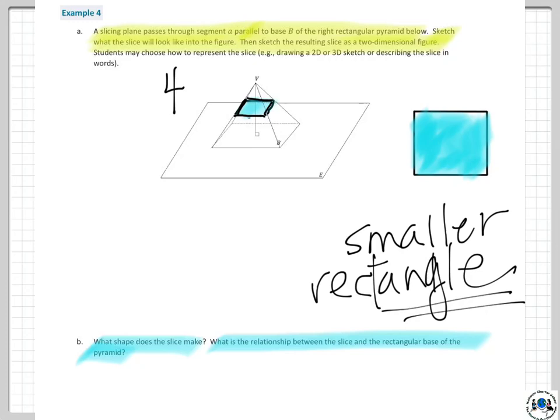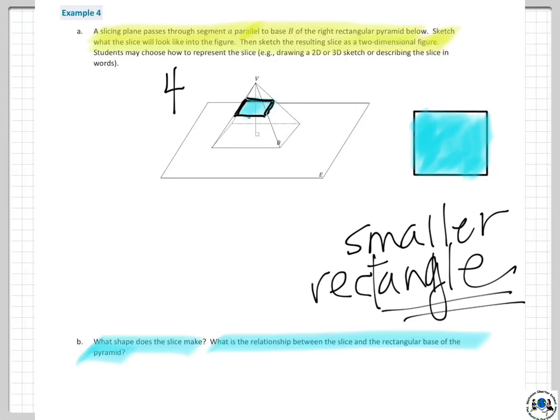And there's probably a point somewhere along this pyramid where this shape would be a square. This one looks pretty darn square itself, but there's probably at least one point where all sides are equal. But anyway, that's the relationship. It's just a smaller rectangle.